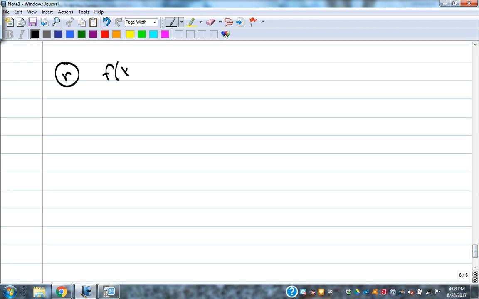F of x is equal to the square root of 2x minus 6. Red flag: square root with a variable inside of it. That means we've got a red flag. What kind of numbers can we take the square root of and not make something weird happen? Positive only.